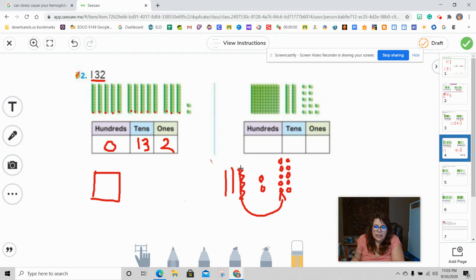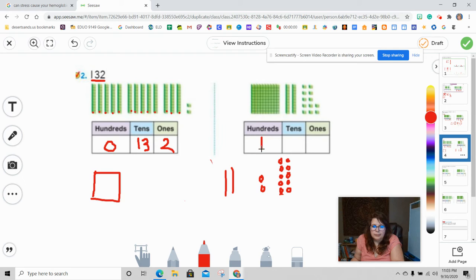So that means that this one is gone because we moved them into ones. So now I have 100, 2 tens, and now you know that I have a group of 10 here. I don't have to count them. I have 10, 11, 12, 12 ones.